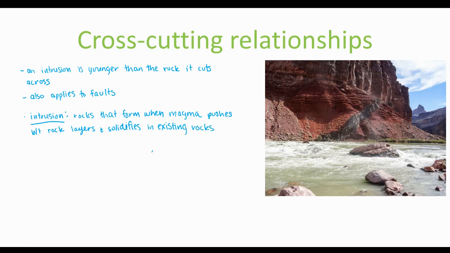We can see the intrusion happening right here in this picture. So this is the magma that came and cut into the rock layers that were already there. Okay, so whenever you see an intrusion, you know that the intrusion is younger than the rock layers that it cut across.